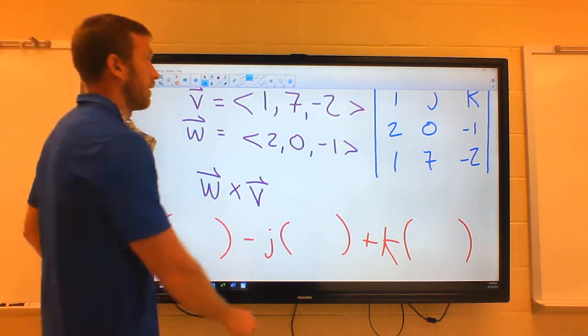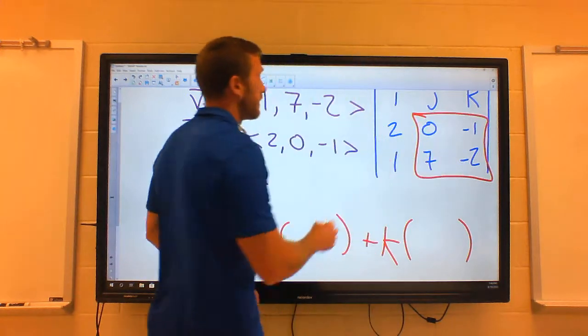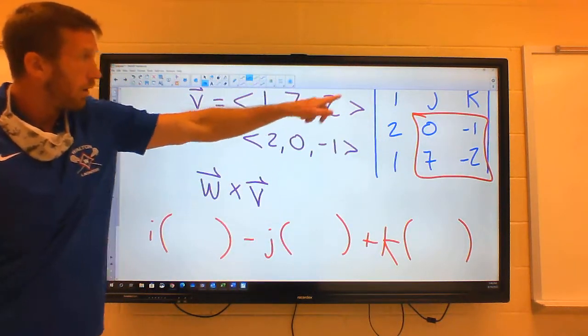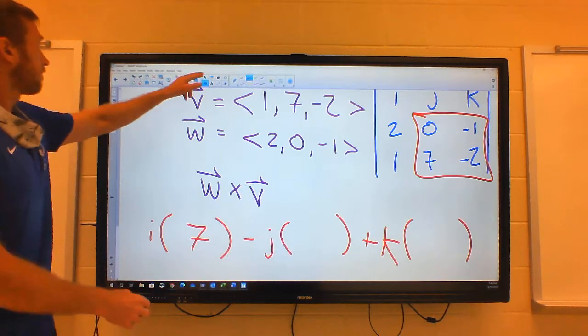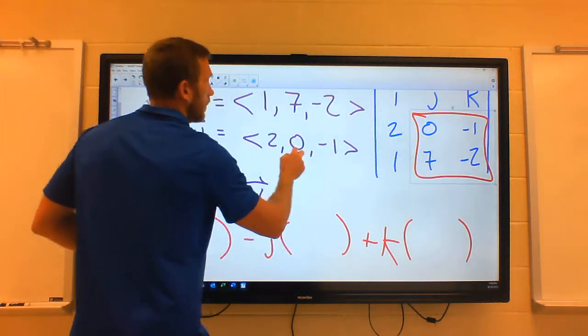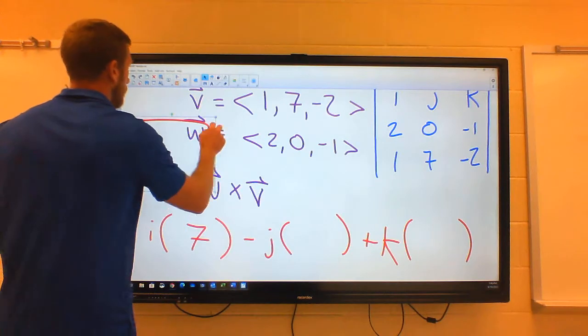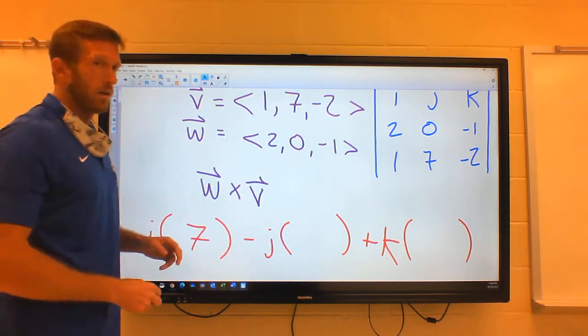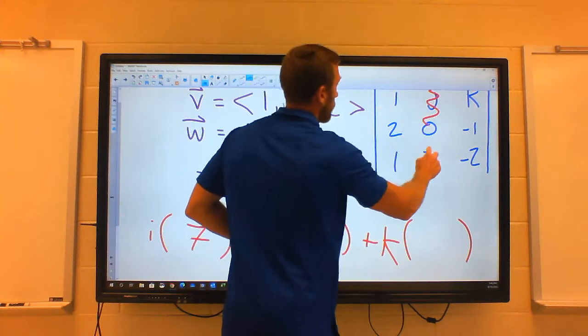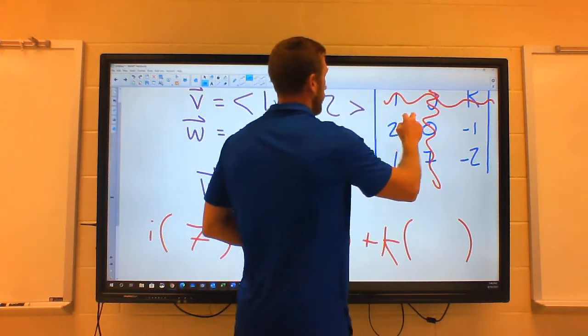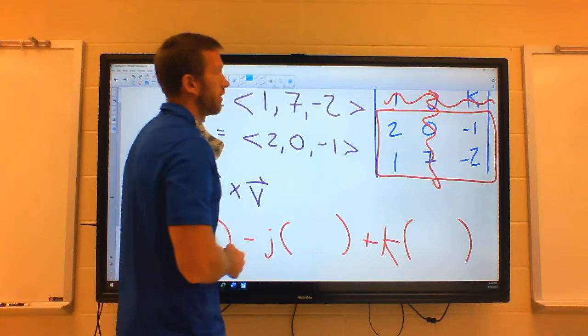Okay? So when we look at I, this is the 2 by 2 that we're going to use. 0 minus negative 7 is positive 7. Okay? When we do J, just so you guys know, we're basically blotting out that, and we're creating our 2 by 2 using that.